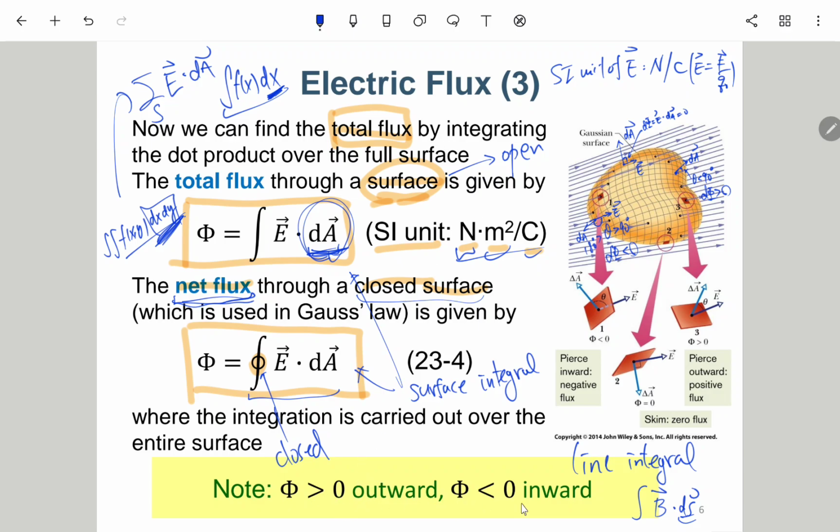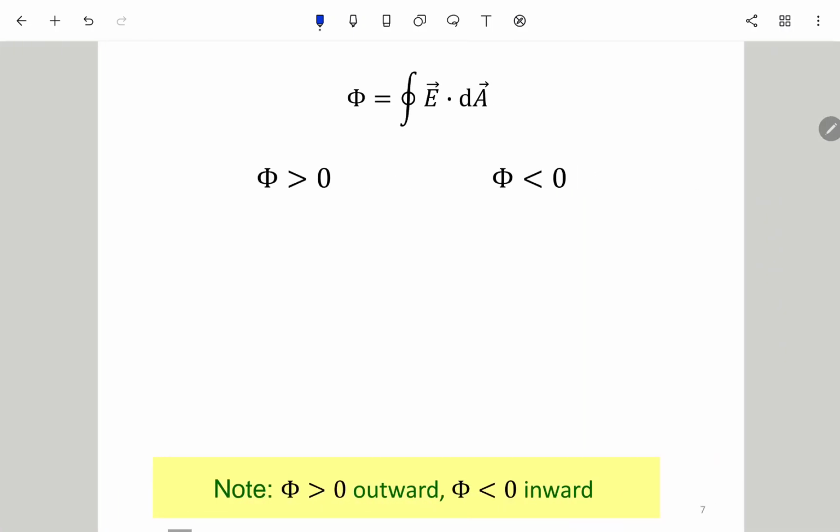If phi is negative, then we will say the flux is going inward. 所以这个它中文叫做通量嘛。所以就是看它通往外面还是通往里面。通往外面的话，它就是有一个正值；通往里面的话，它就是有负值。So this is the definition of the electric flux. So far, any questions? Okay, no, let's move on.